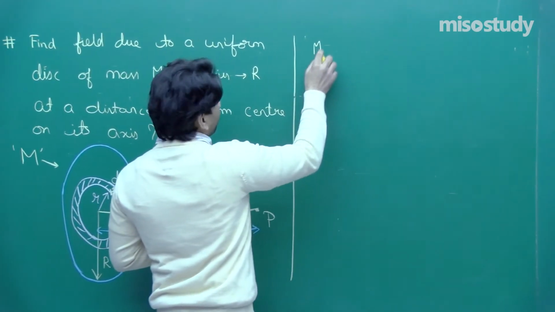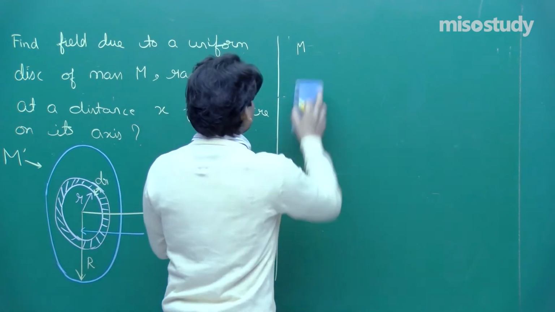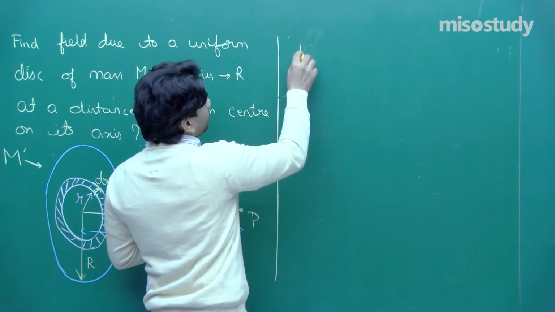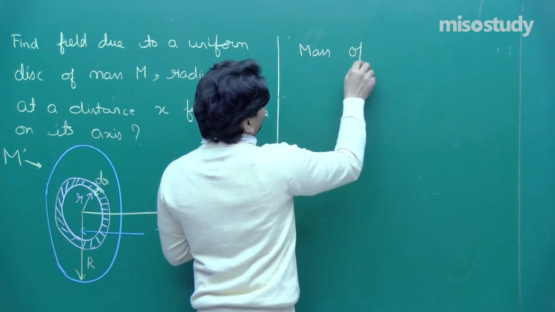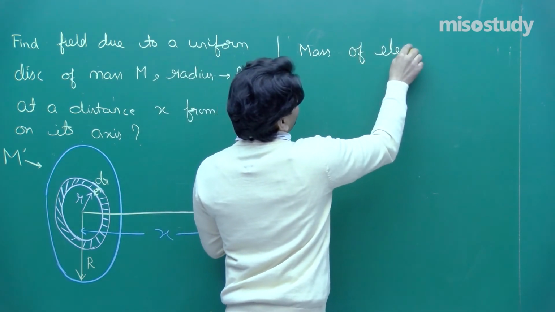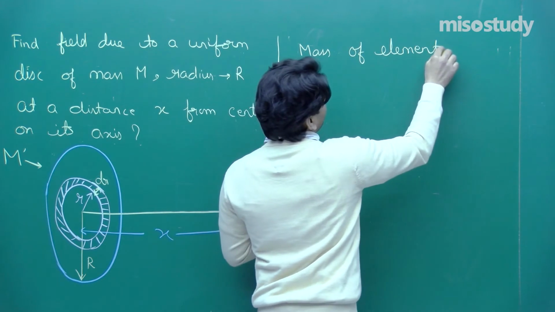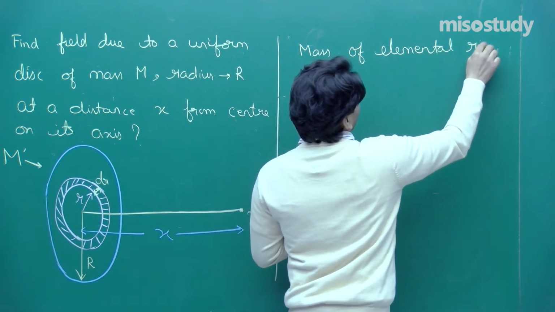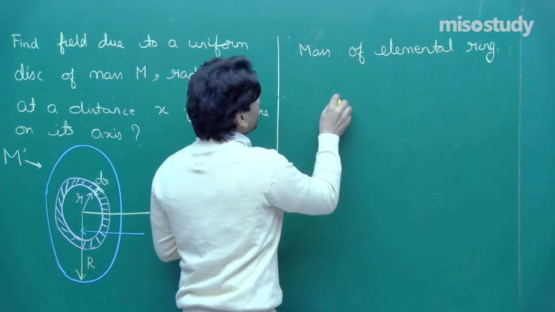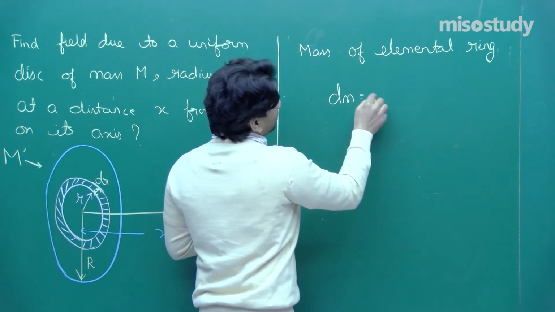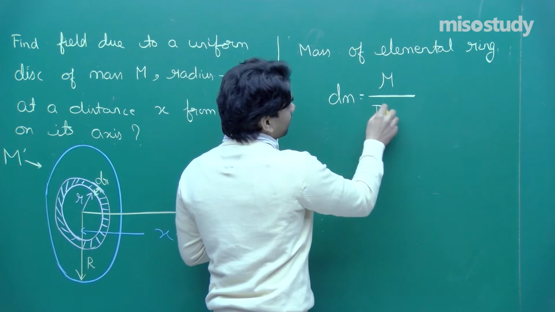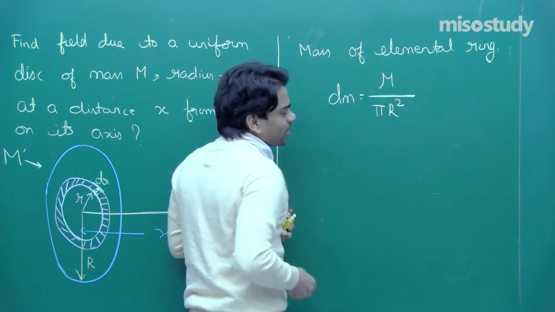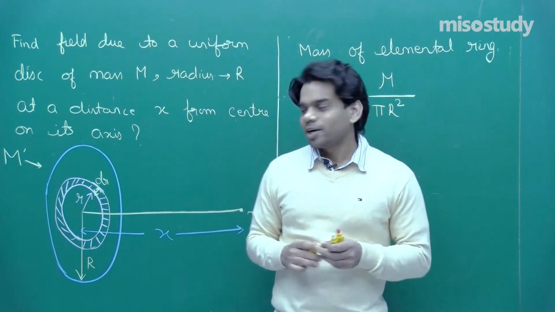So the mass of the elemental ring that we have imagined over the surface of the disk, whose radius is small r, will be dm. This will equal mass per unit area, that is M upon pi R square, multiplied by the area of the shaded portion.